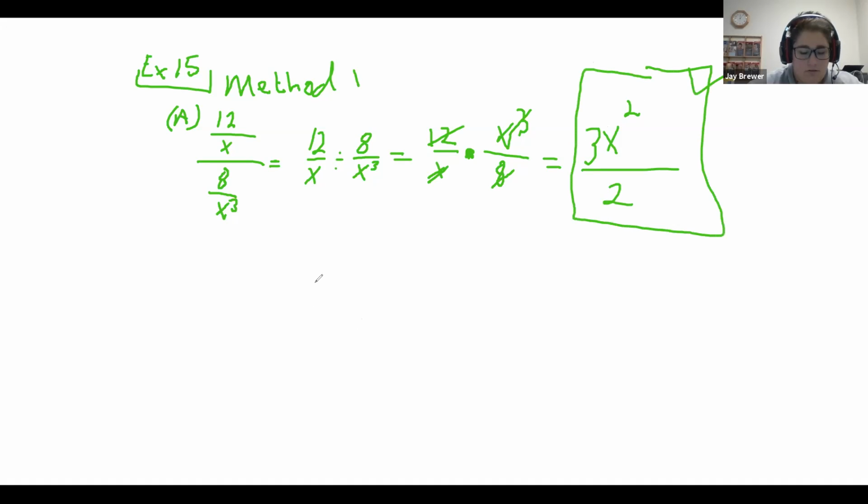I will tell you that you will like method 1 1,000 times more than you will like method 2. But unfortunately, method 2 sometimes just makes a little bit more sense to use. Now, of course, we're not going to use the same problem to practice method 2. That would be too nice. Instead, we get to use this really gross problem.